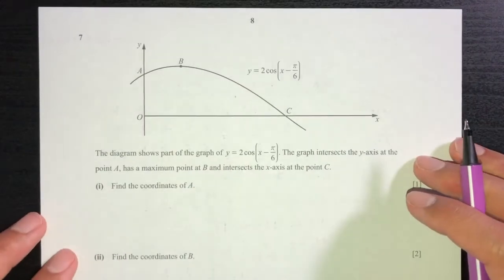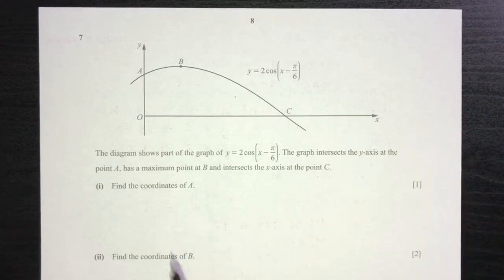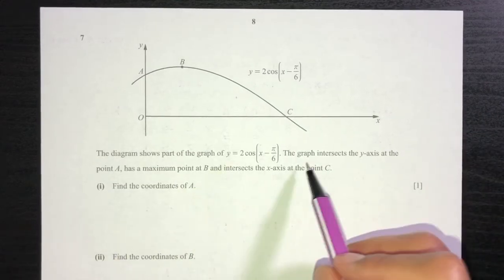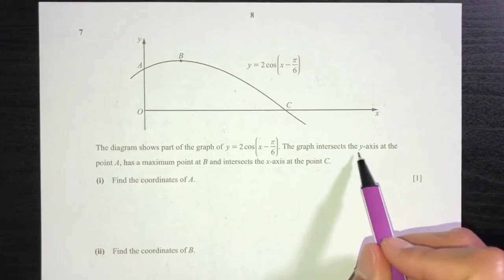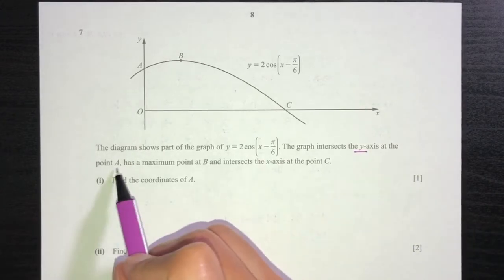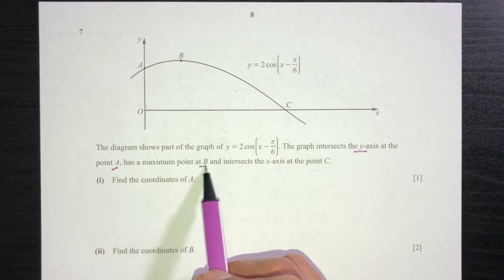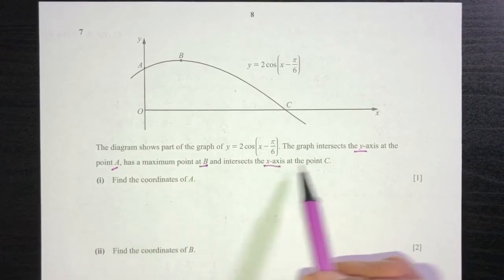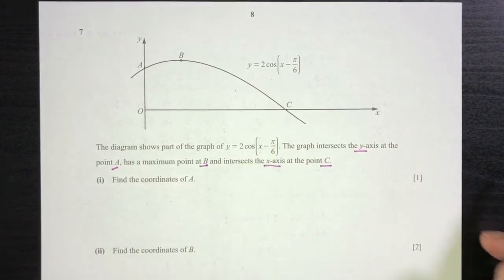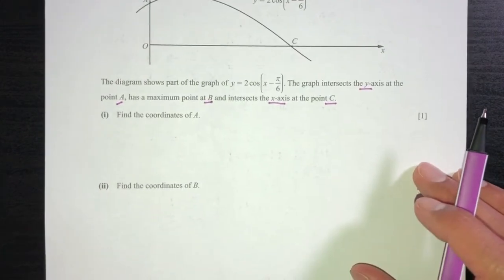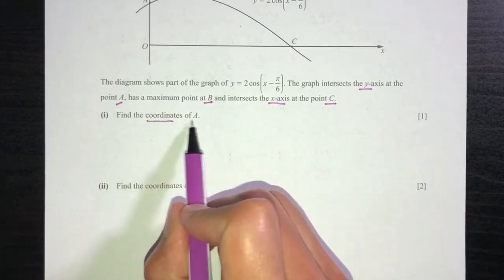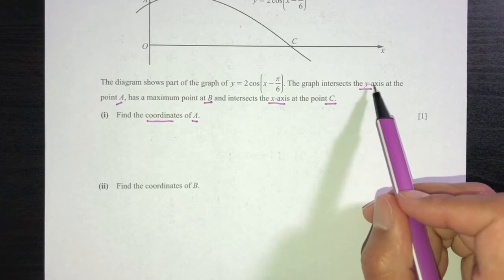Okay, so let's move on to question 7. The diagram shows part of the graph y, and the graph intersects the y-axis at the point A. So point A is right here, has a maximum point B, and intersects the x-axis at the point C. Now question, we have to find the coordinates of A. So A is at y-axis.